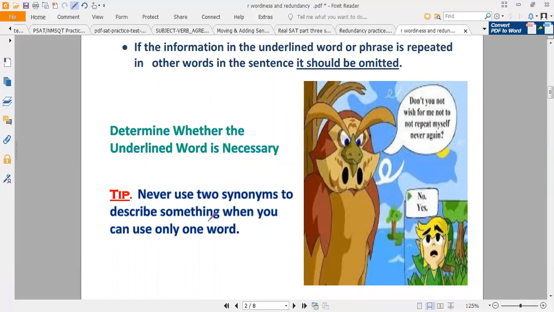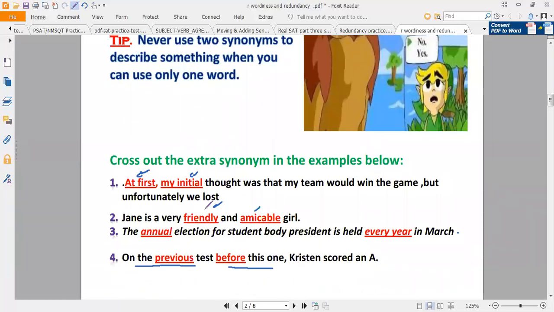Okay, يعني if you can describe somebody or an object with one word, it's much better than using two words. طيب how can we correct this problem؟ إن إحنا simply يعني we are going to delete one of them. ف هشيل at first وأقول my initial thought was that my team would win. أو كنت هشيل my initial وأقول I thought that وأكمل الجملة. طب هنا Jane is very friendly، خلاص مش محتاج أقول يعني amicable girl، لا هقول Jane is very friendly girl وشكرا، مش محتاج الباقي.